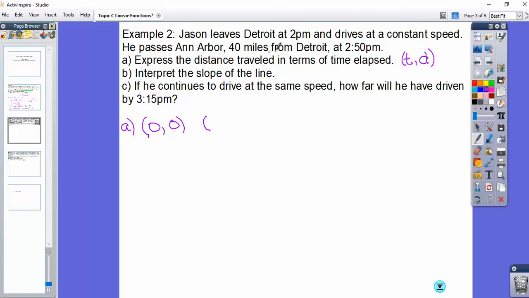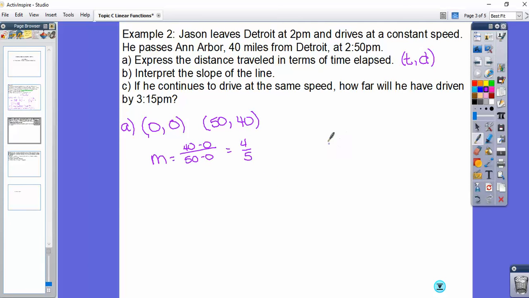I didn't specify, so let's just go in terms of minutes. We started at 2 and we end at 2:50, so that's a time of 50 minutes. And my distance was 40 miles. Okay, so slope: y2 minus y1 over x2 minus x1. You get 4/5, or 0.8.